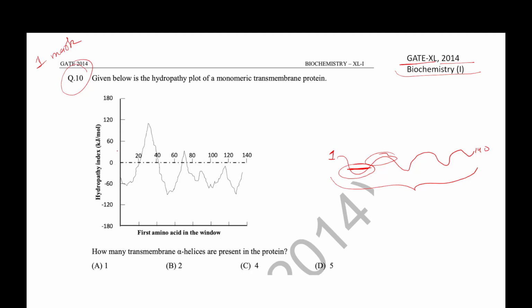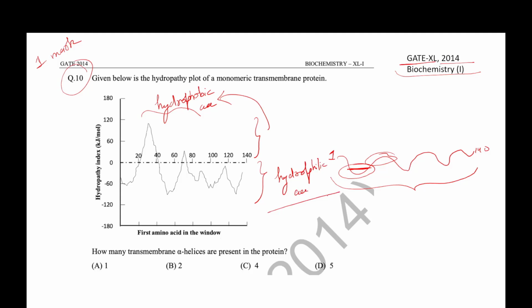So the positive value in the graph says that it has a positive hydropathy index. That means that portion is hydrophobic. So the top portion consists of hydrophobic amino acids, and the values which are negative represent a hydrophilic amino acid stretch.